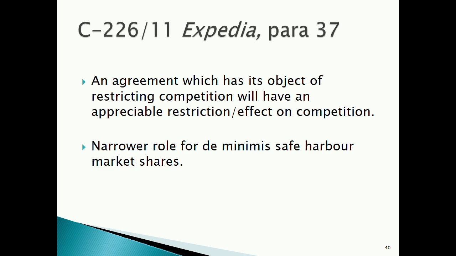In Expedia, the Court of Justice said no. The Commission got it wrong. Remember, these notices are promulgated by the Commission. They bind only the Commission, not the Court. In Expedia, the Court said the Commission got it wrong, and by object restrictions cannot have the benefit of the de minimis safe harbor.